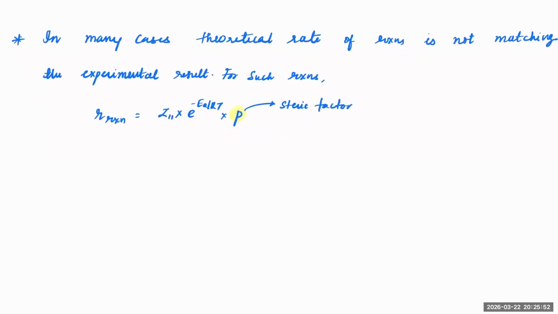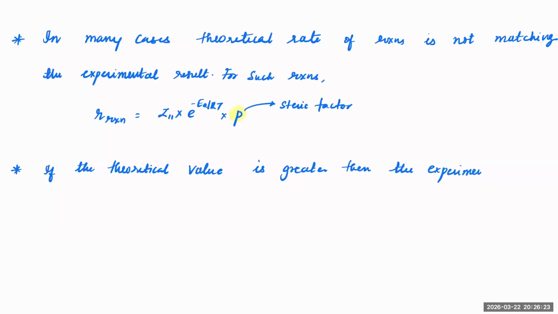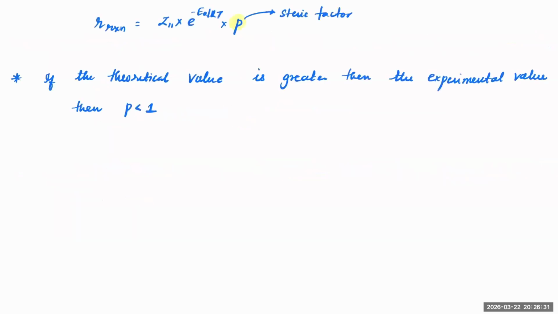Now, how do we need to assess that theoretically what is the value and experimentally what is the value? Okay, so put it this way. If the theoretical value, that means the one which we have derived through collision theory, is greater than the experimental value, definitely then P has to be less than 1 just to compensate that value, isn't it?